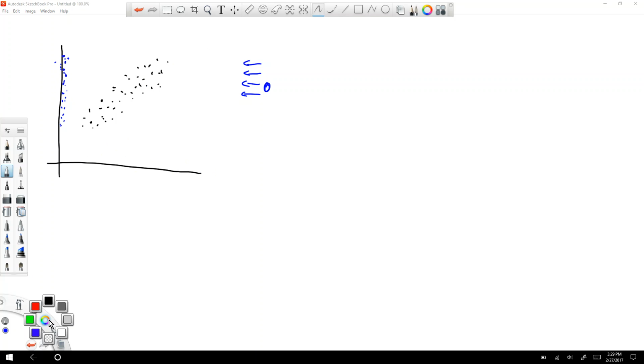Another way is I could say the light's coming from over here, and then we would project it onto here. This would be another possible projection of the data.